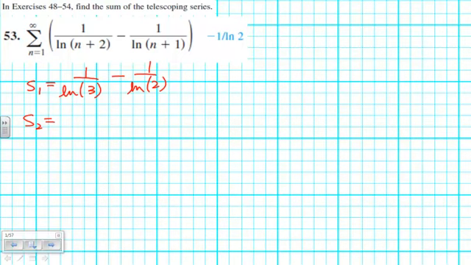The second partial sum is 1 over the natural log of 3 minus 1 over the natural log of 2.